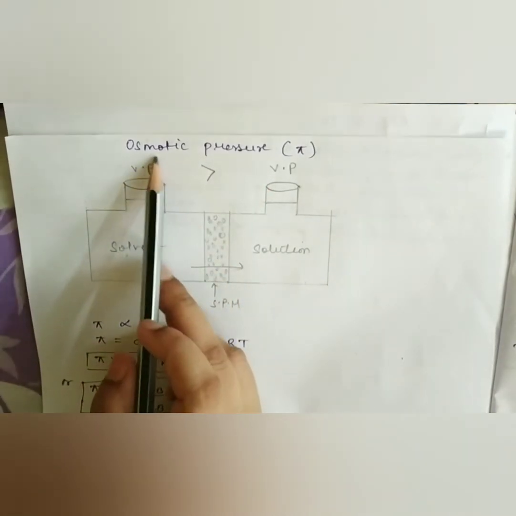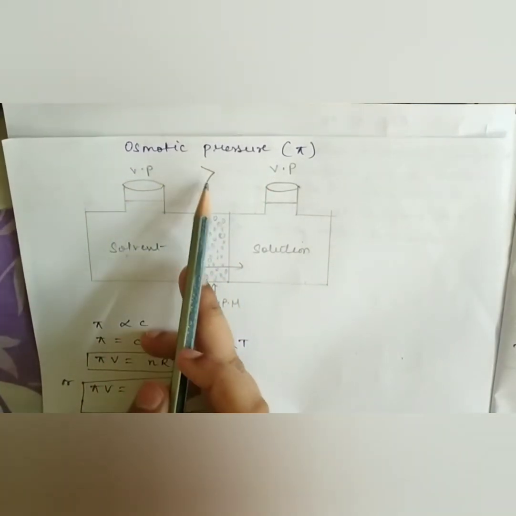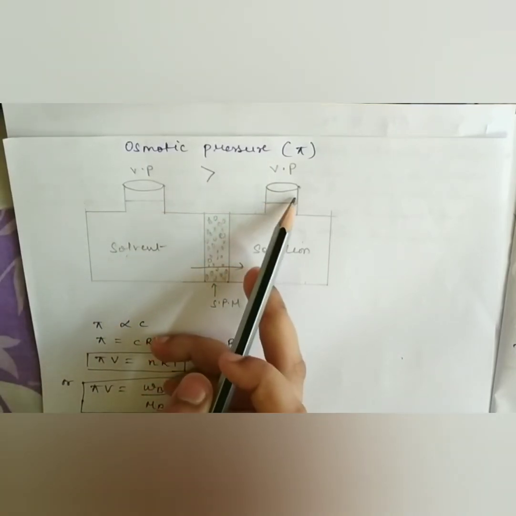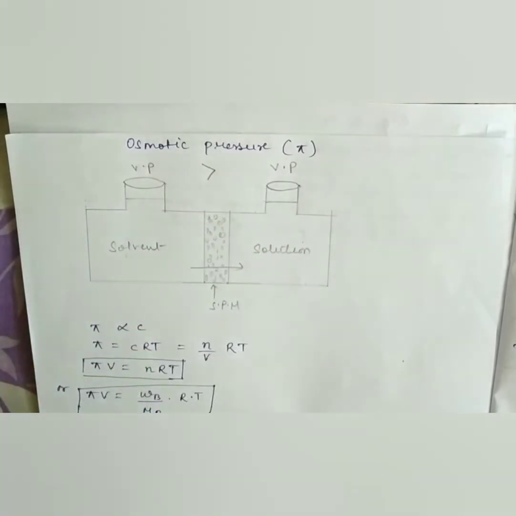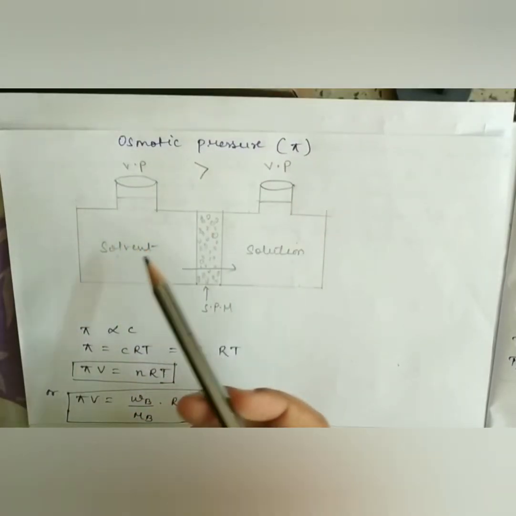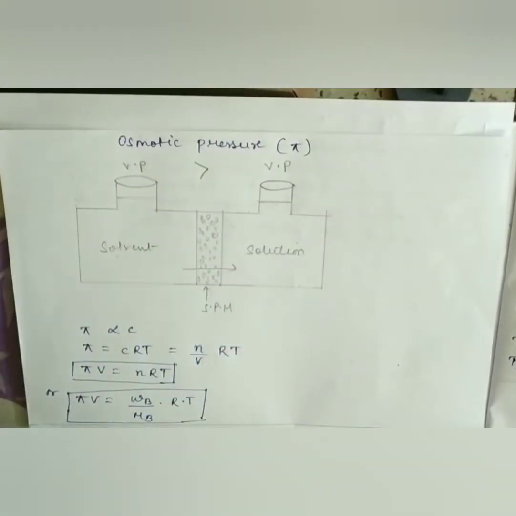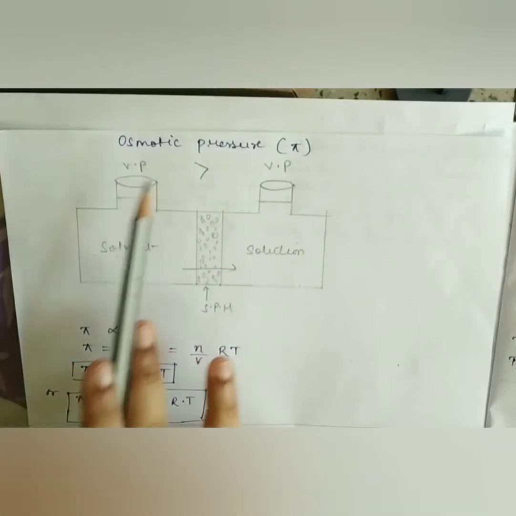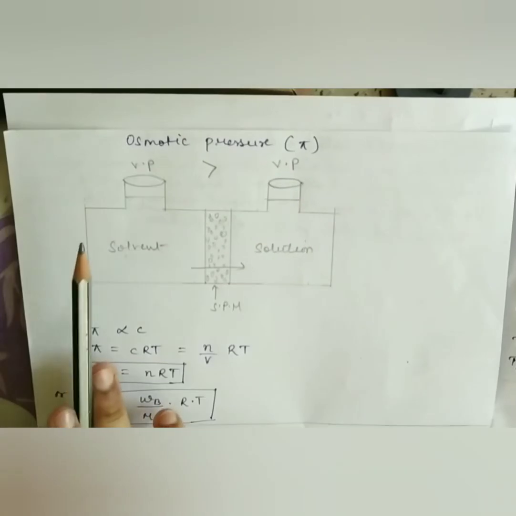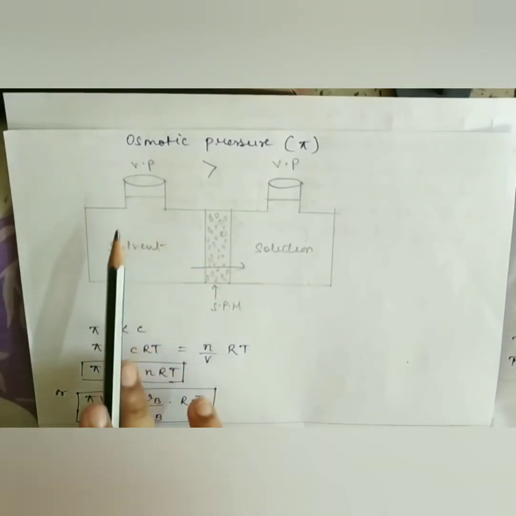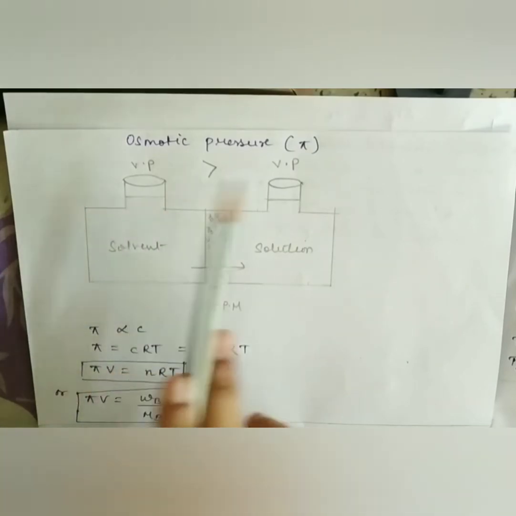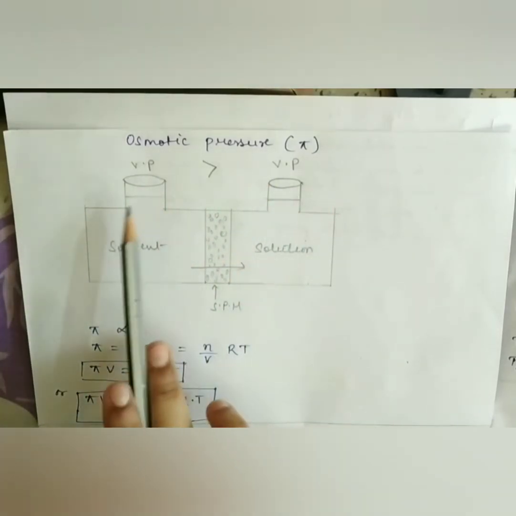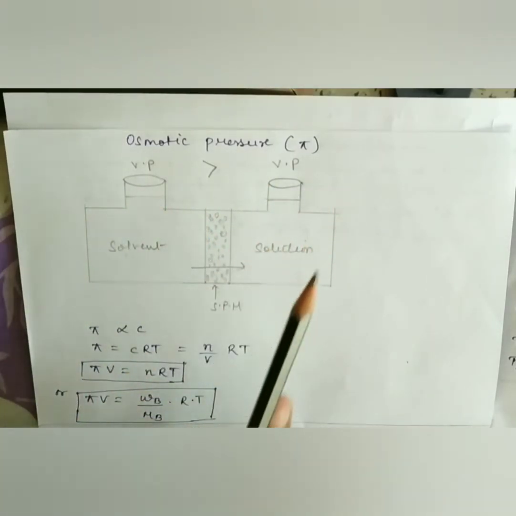Here we can see that the vapor pressure of the solvent is greater than the vapor pressure of the solution side. So if we release some pressure from the surface of the solvent, osmotic pressure can be defined as the suction pressure, which when applied on the solvent side, makes it equal to the vapor pressure of the solution and thus stops the osmosis.